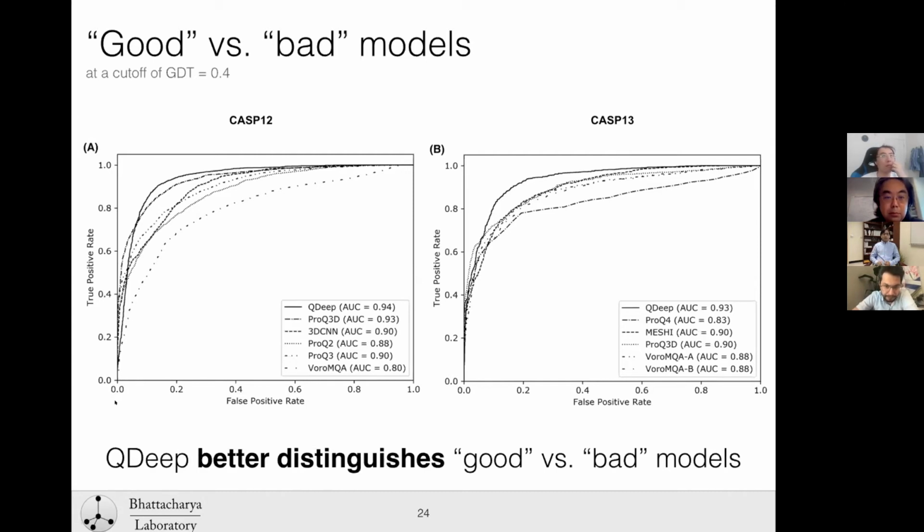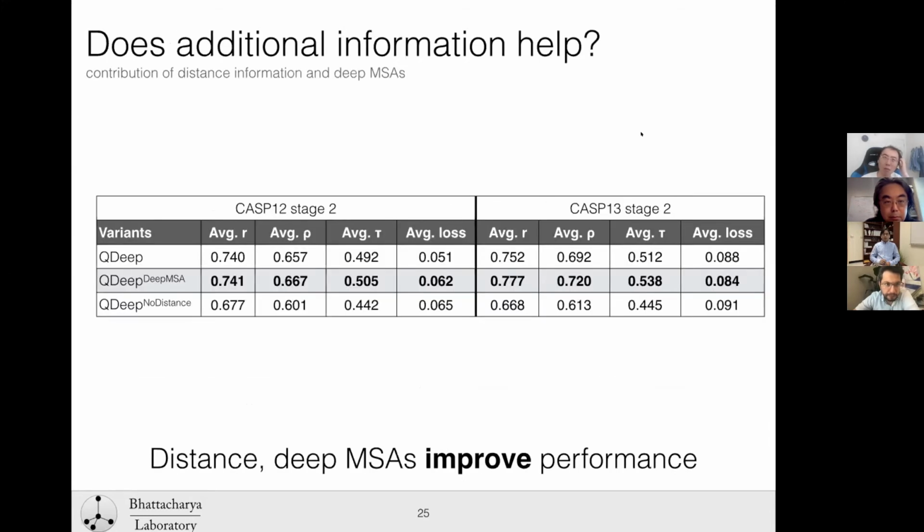Here we show the ROC curves, the area under the ROC curves of various methods, including QDeep. It turns out that QDeep outperforms all the other methods in both CASP12 and CASP13 in terms of the area under the curve, demonstrating that it is a good method of choice when it comes to distinguishing between good and bad models.